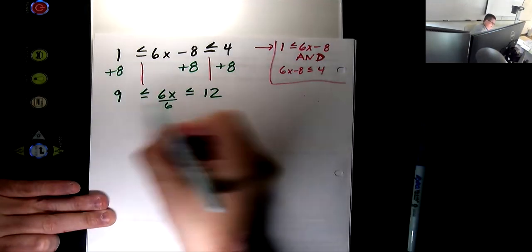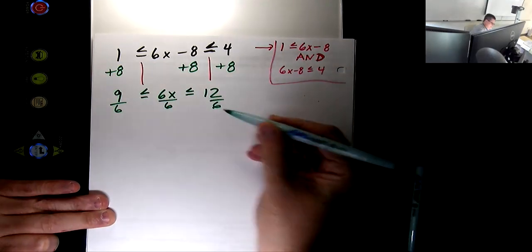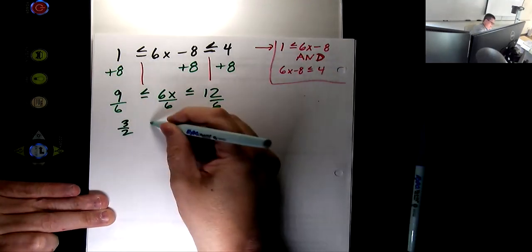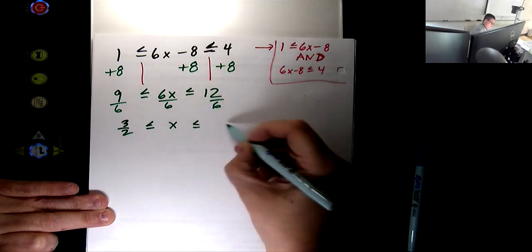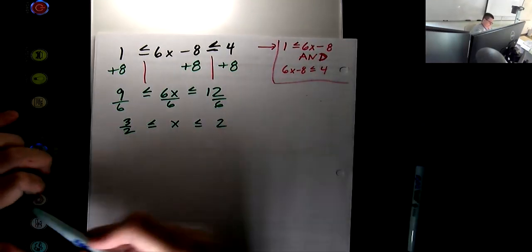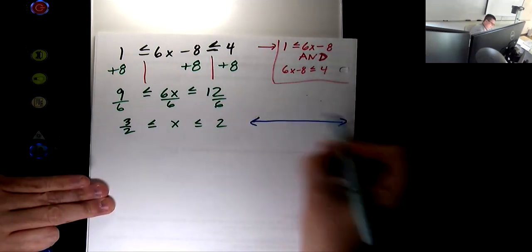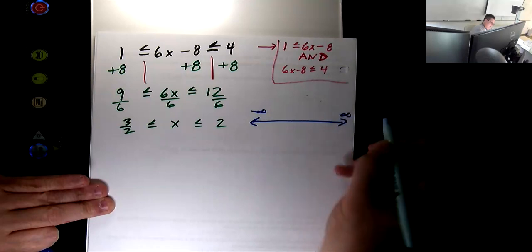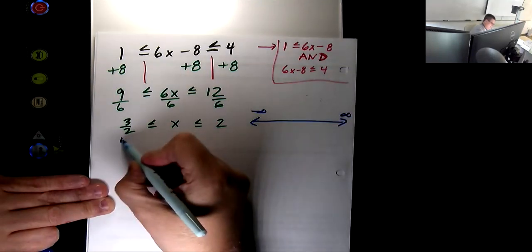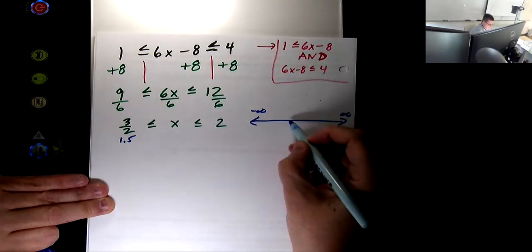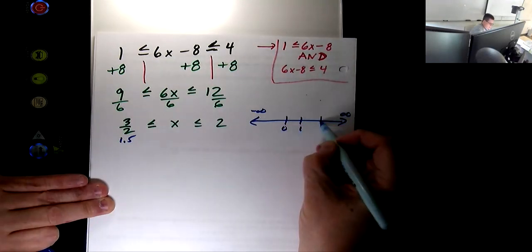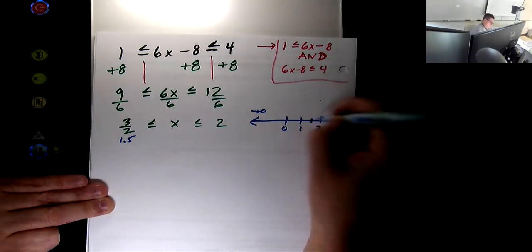Divide by 6 everywhere. And 9 over 6 simplifies to 3/2. 12 over 6 is 2. So our number line, we'd have negative infinity on the left, positive infinity on the right. 3/2 is 1.5, so 1.5 is right there.